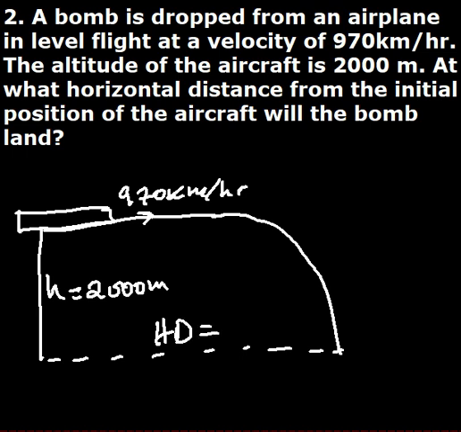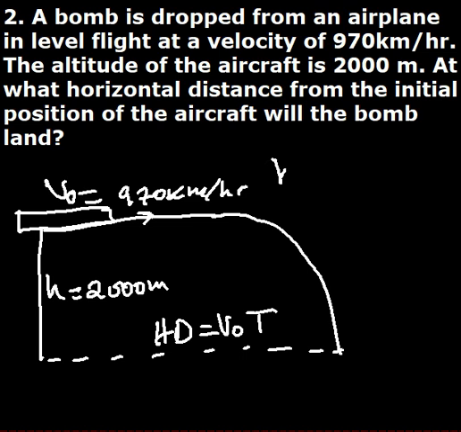The horizontal distance is given as the launch velocity V0 times the total time. What we do not have is the total time, but the total time will be obtained from the height.